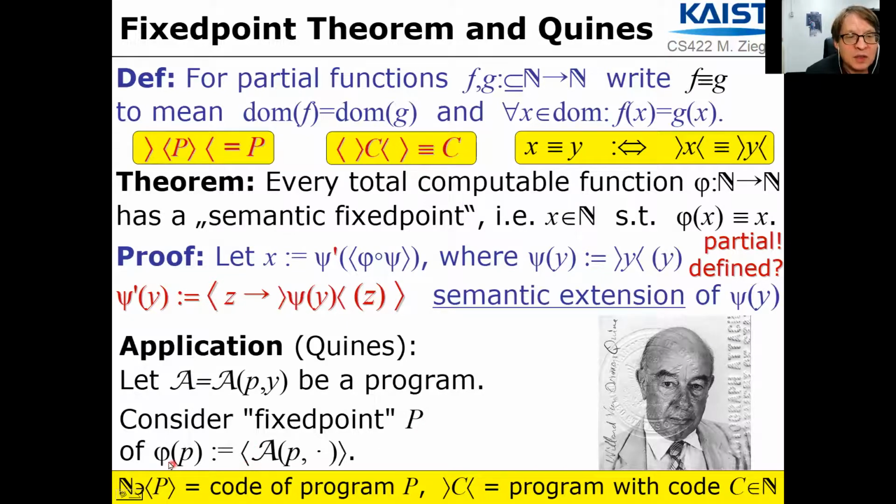Now, how does phi of capital P behave? It behaves like this program that would receive some source code, and P being a fixed point means that it behaves the same way as if it had received its source code as input, but it hasn't. So this means the fixed point here, this program is indeed a Quine.